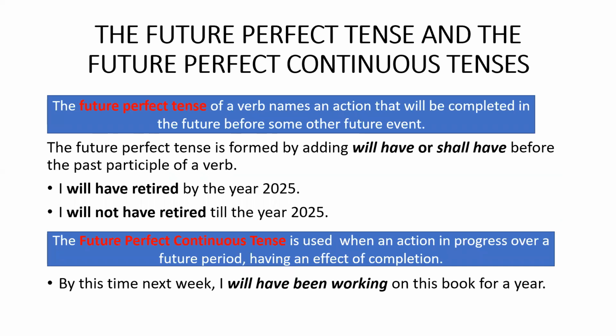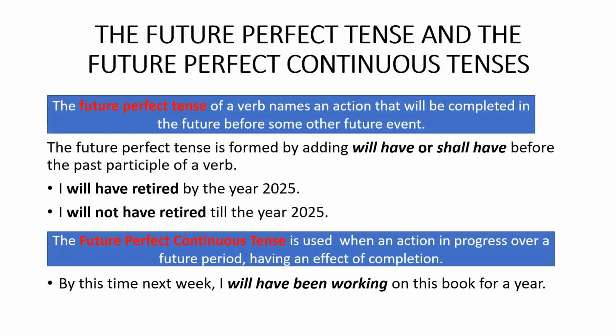Now, the future perfect tense and the future perfect continuous tense. The future perfect tense of a verb names an action that will be completed in the future before some other future event. The future perfect tense is formed by adding will have or shall have before the past participle of a verb.